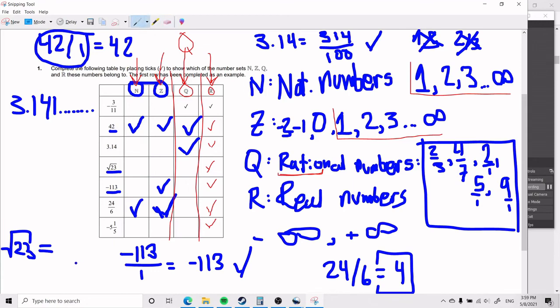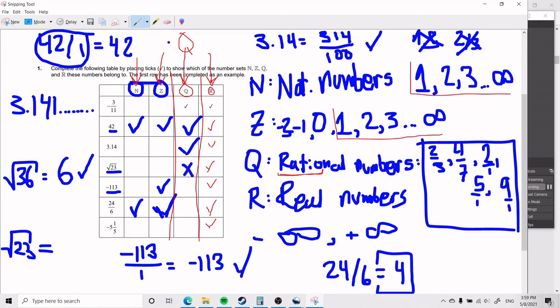square roots are usually not going to be rational numbers, but you do have to check if you can simplify them. As I said earlier, for example, square root 36, you might say, oh, it's a square root, so it's not going to be a rational number. But if you simplify it, you're going to notice that it is 6, and that would be a rational number. Okay, so careful with that.